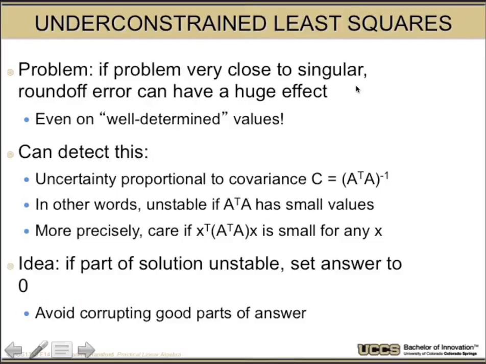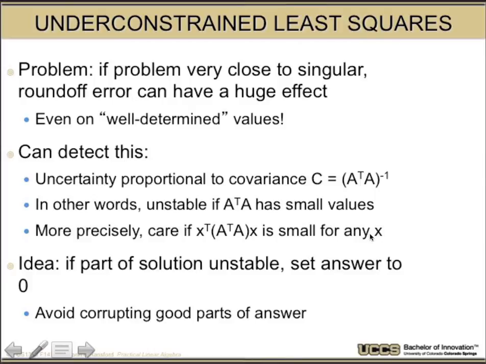If the problem is very close to singular, the round-off error is going to have a huge effect. We can detect this in lots of different ways. In our least squares matrix, the uncertainty of our covariance, if we're looking at it from a covariance point of view, is going to be related to small values in the singular values of A transpose A. The reason that happens is that if I take the product x transpose A x for any small x, it can be problematic.